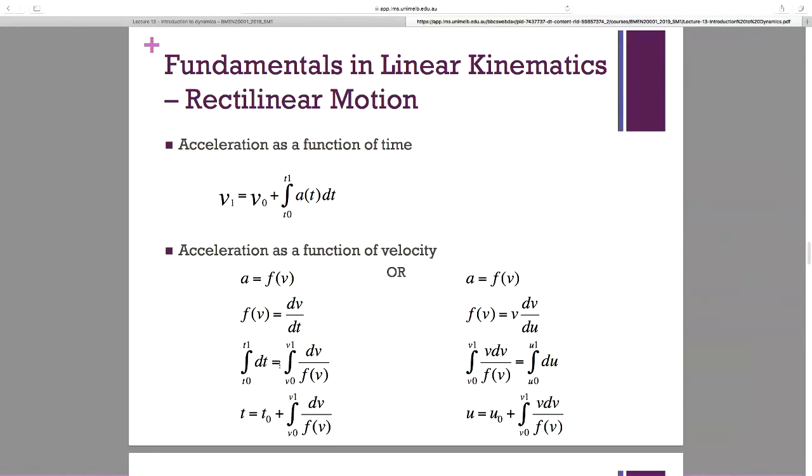the time it takes to go from one velocity to another velocity. I can also calculate the displacement, or the length in space that I would have covered as I go over a certain amount of time.